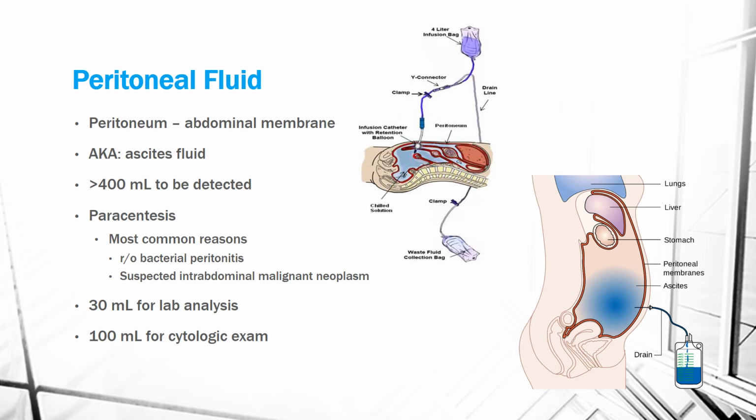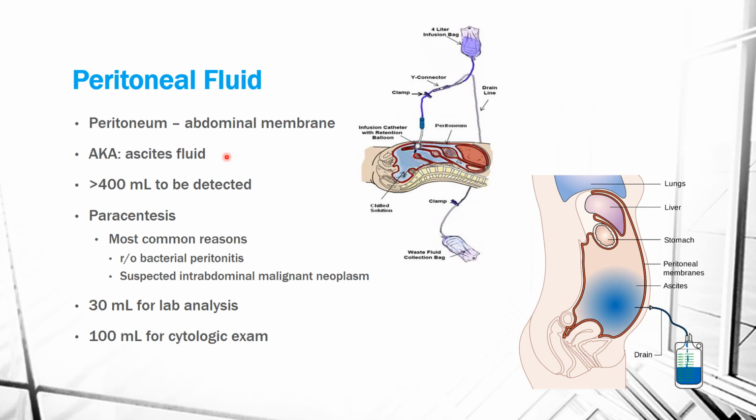Okay. When the fluid starts to accumulate, the patient is said to have ascites, which is why peritoneal fluid or PD fluid is also known as ascites fluid. Okay, it's because that's actually the disease state that the patient is known to have. And that fluid that's normally in there should be an ultrafiltrate of the plasma.